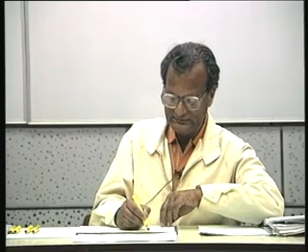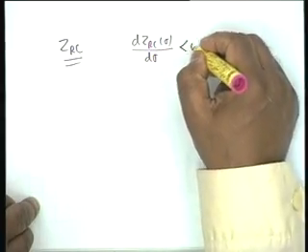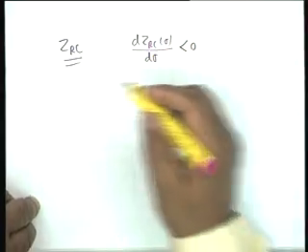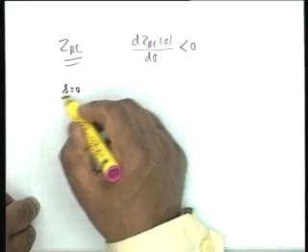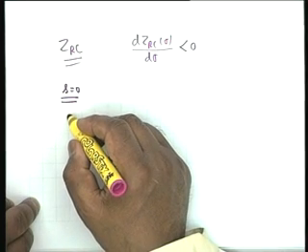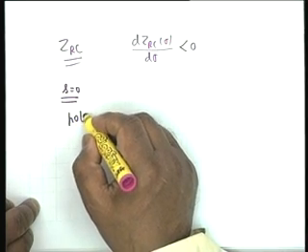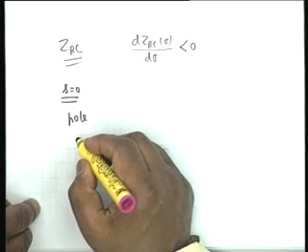Now, if that is so, let us take ZRC to be specific. D ZRC of sigma, D sigma is strictly negative. And the behavior at s equal to 0 is either a pole or a constant.